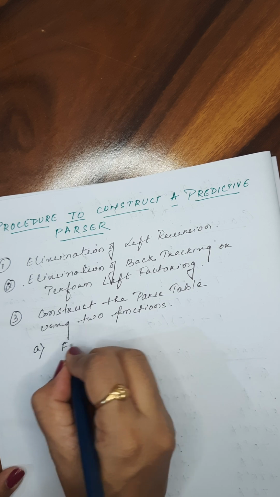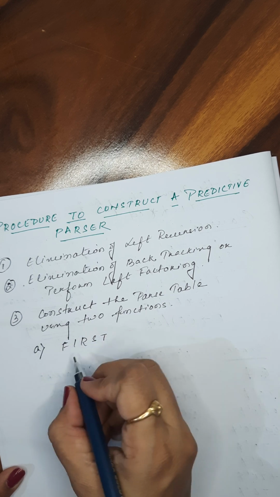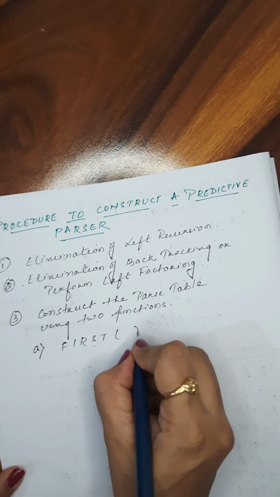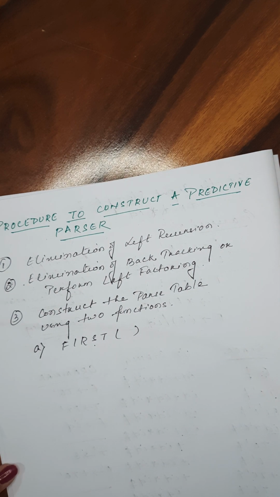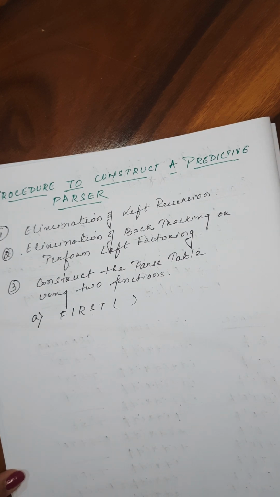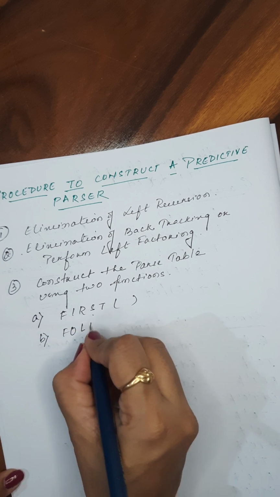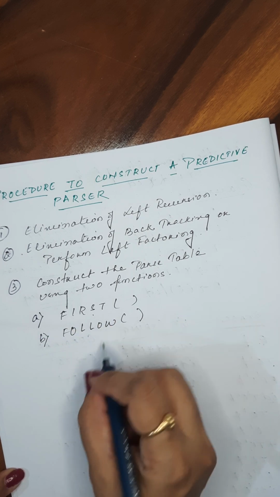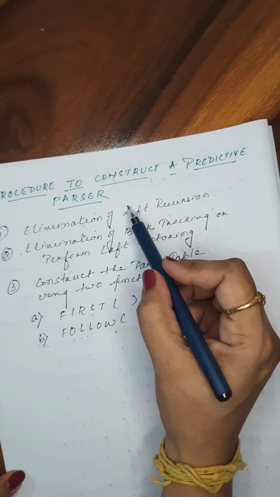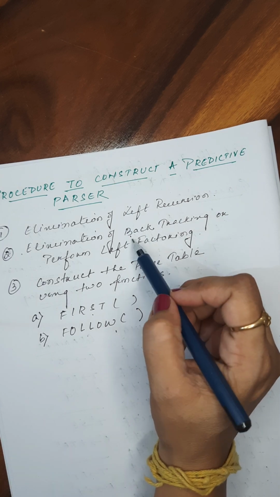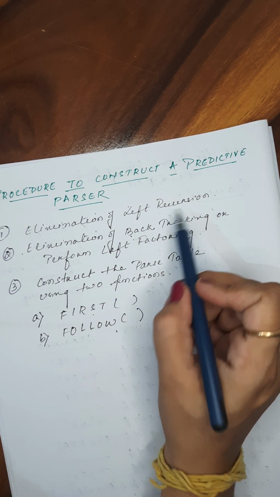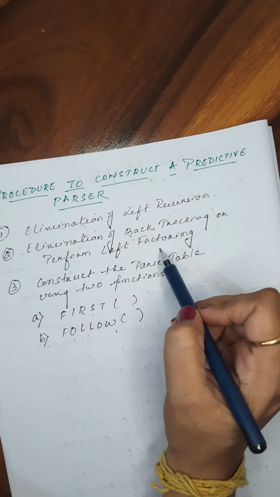We have to calculate FIRST. It is a function, so we write it in capitals followed by a pair of parentheses. Whenever we write FIRST, we have to write a pair of parentheses. The second one is FOLLOW. These two functions we need to calculate because the earlier steps we have already studied: elimination of left recursion, elimination of backtracking, or left factoring.